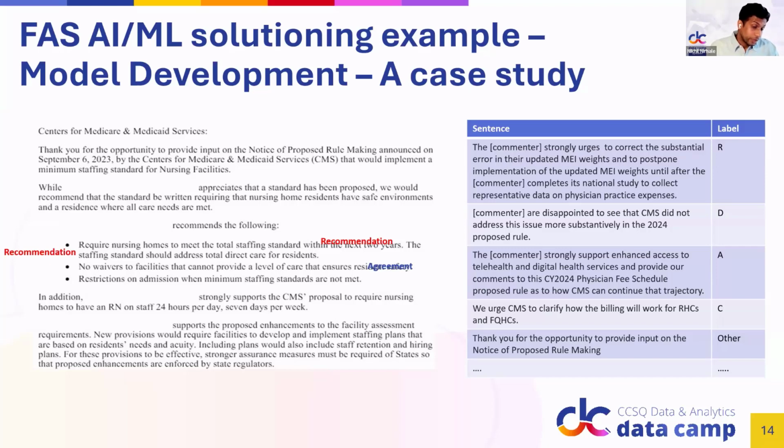You wouldn't know where the model is looking for information to make a certain decision about a label. This was something that we identified as part of our requirements gathering: given this text, we saw the end users were making a conclusion about a recommendation or an agreement by looking at specific statements in this text. You can see those highlighted as recommendations, and there is an agreement also.